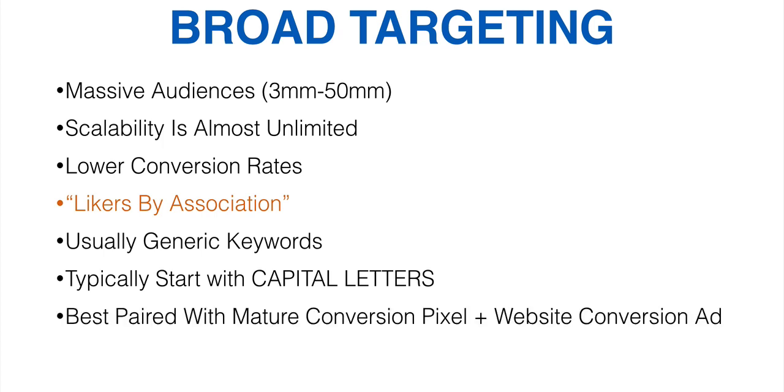And broad targeting keywords are going to be best paired with mature conversion pixels and the ad objective with Facebook called website conversions. So if you're using broad targeting keywords, you can really crush it with these generic, very high volume keywords if you're using an optimized for conversions Facebook ad and you have an account that you've sent a decent bit of traffic through, a conversion pixel that's learned who your buyers are.